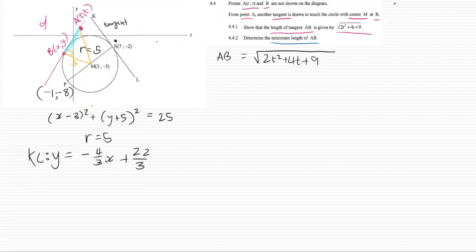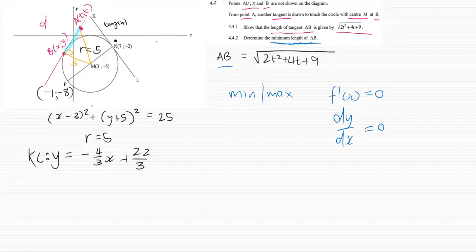4.4.2, determine the minimum length of AB. So here we have our AB. We know that for min-max, our first derivative is equal to 0. So that means that dy/dx is equal to 0, but we're not working with y, we're working with AB, so dAB/dt is what we're trying to get.